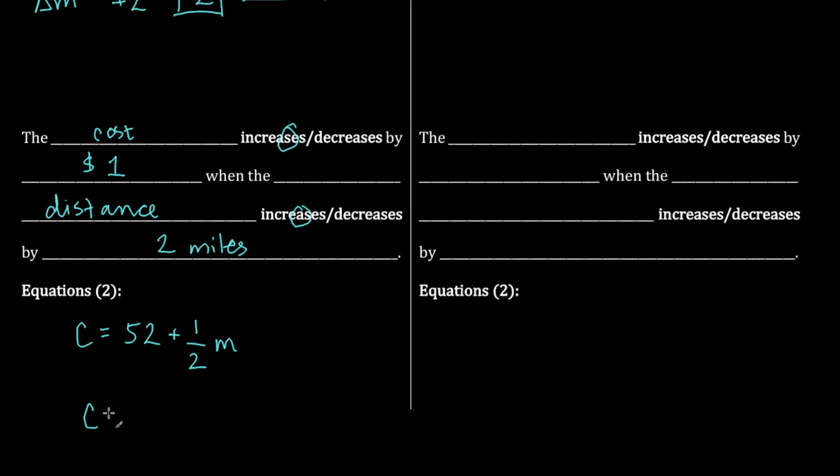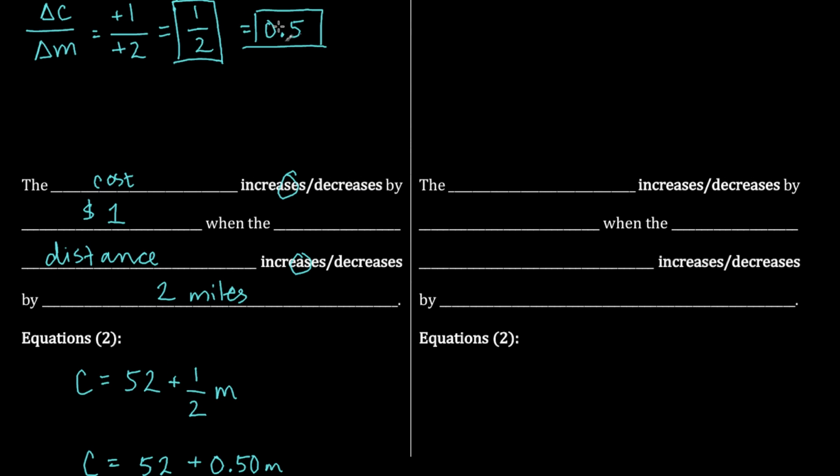We can also write it as the cost equals $52 plus 50 cents every mile. And we got the half and the 0.5 from our constant rate of change. So just in case you sort of missed it, this will be my y-intercept, which is the first thing I found. And this will be my slope, my constant rate of change.